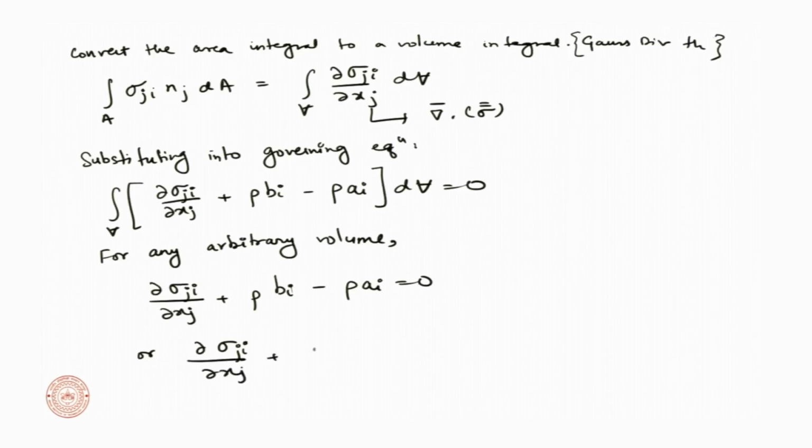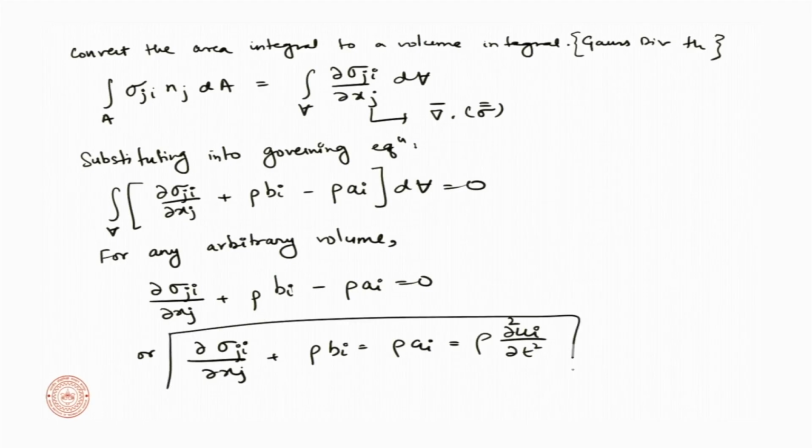Or del sigma_ji by del x_j plus rho b_i equals rho a_i, and a_i is also, in terms of our displacement, del squared u_i by del t squared. Now this equation is our conservation law.